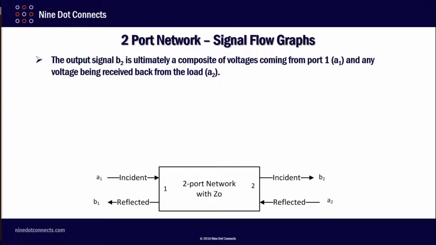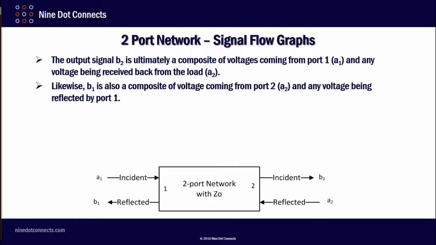The output signal B2 is ultimately a composite of voltages coming in from port 1, that is wave A1, and any voltage being received back from the load. Likewise, B1 is also a composite of voltage coming from port 2, that is wave A2, and any voltage being reflected by port 1.